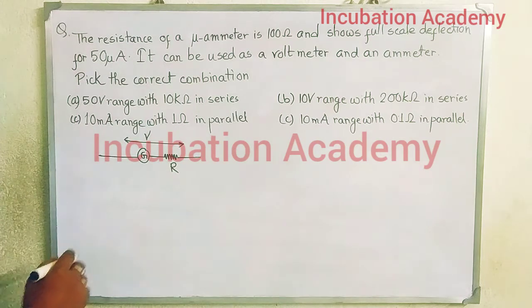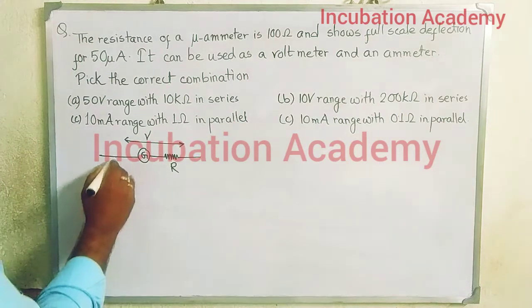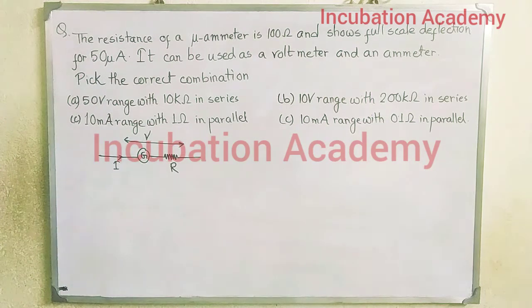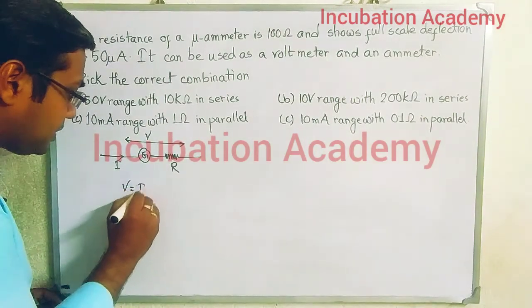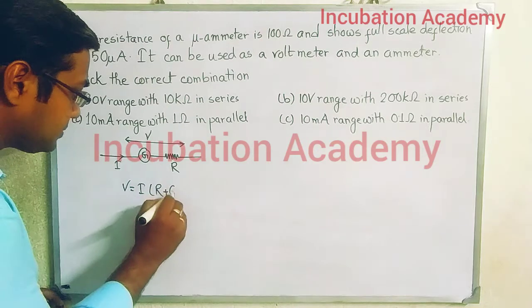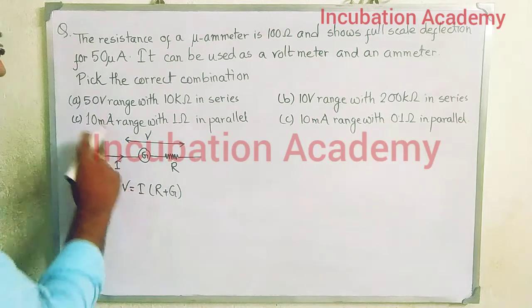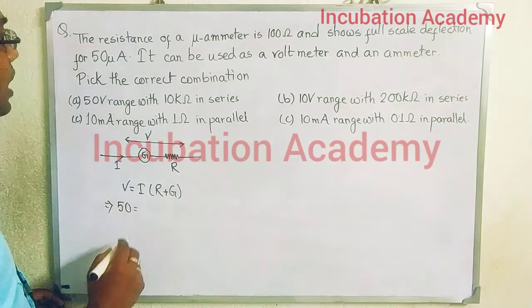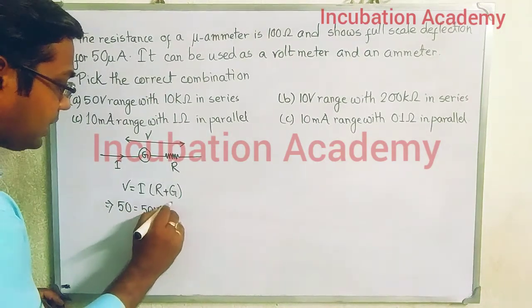The full scale deflection current is 50 microampere, so using Ohm's law, V equals I into R plus G. For the first option, V is 50 volt and the current is 50 into 10 to the power minus 6.